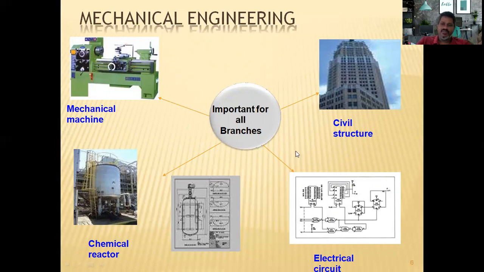With respect to the application, we are calling it civil engineering drawing, mechanical engineering drawing, electrical engineering drawing. So every engineer must require the drawing knowledge. The engineer can be a civil engineer, electrical engineer, mechanical engineer, or electronics engineer. So everywhere we require the engineering drawing.